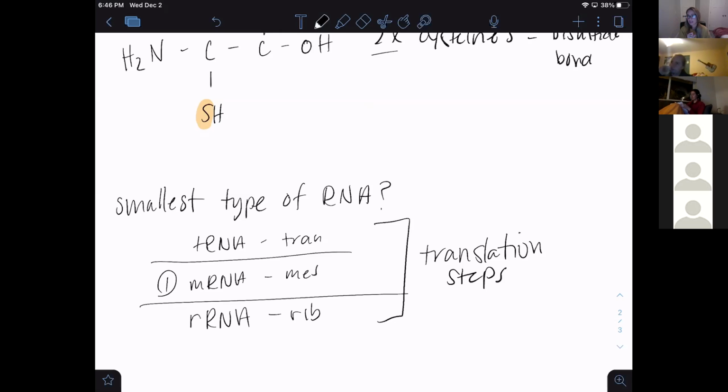Therefore, it's the smallest. Okay? So it doesn't build anything else other than that. It's just translating it, right? It has one duty. That's it. So it has to be very small. It's very precise, and it just translates the mRNA. Okay? Any other questions? So this guy is the smallest. Okay?